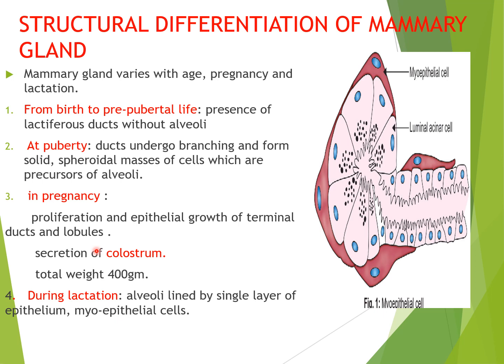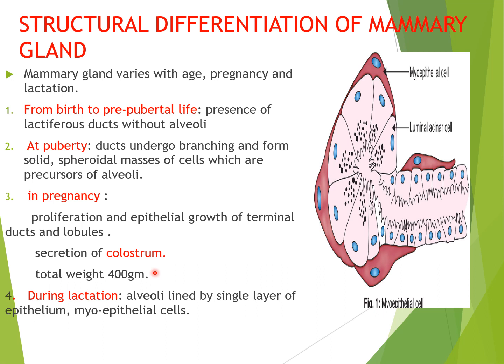So this is only the first part of the lecture. The mammary gland is not completed yet, so there are so many things to discuss that I will cover in the next lecture. We will continue with the blood supply of the mammary gland, which is very important, and the lymphatic drainage, and we also need to study the development of the breast, the prenatal development of the breast, and the congenital anomalies of the mammary gland.